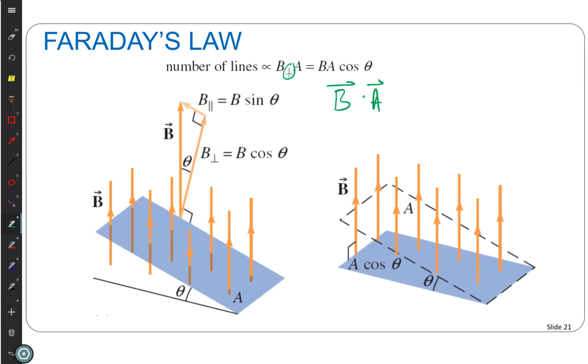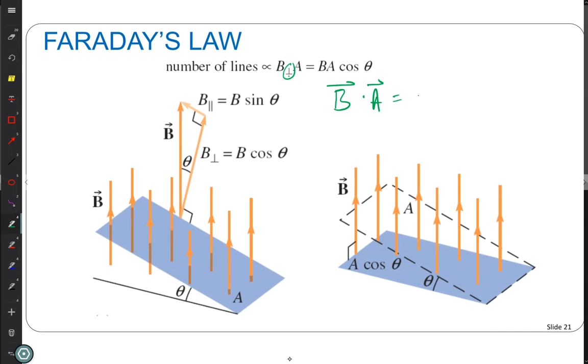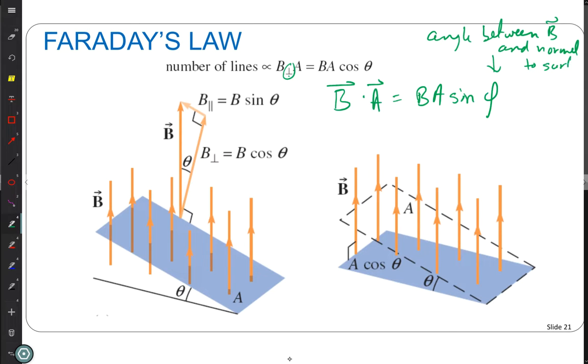In general, we always define this as B dot A is equal to BA sine, and I'm going to put phi, where phi is the angle between B and normal to surface. That has clear words, so you won't have a mistake. Because the fact that you see sine or cosine, depending on which equation you look at, it's really confusing.